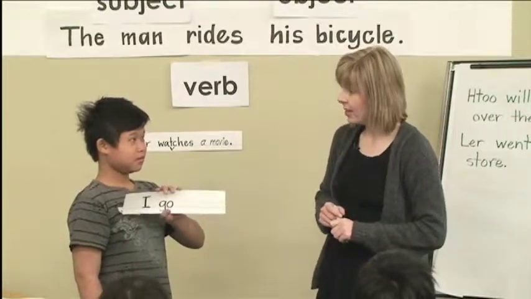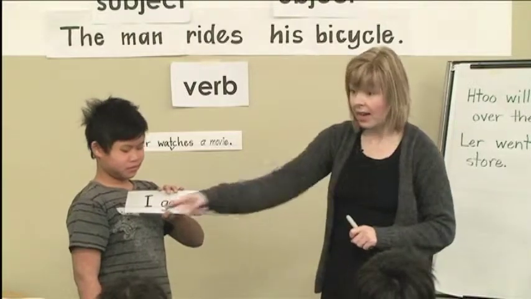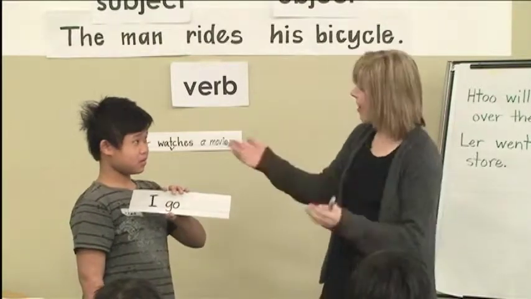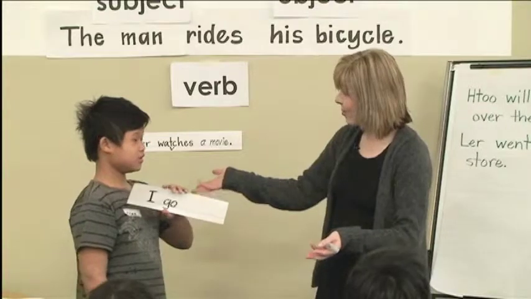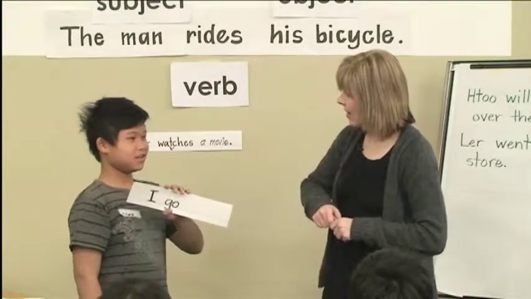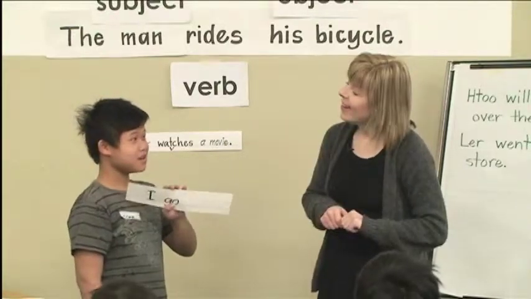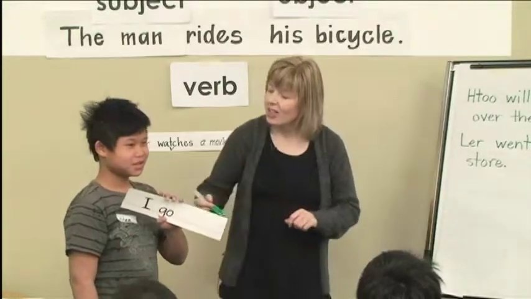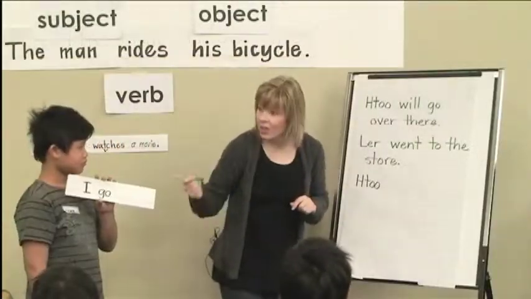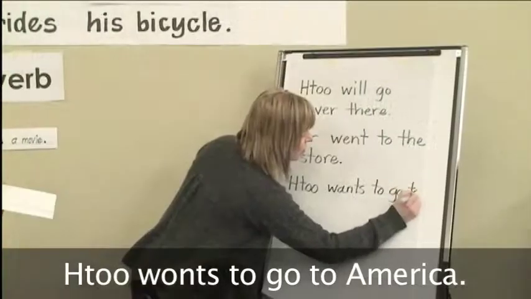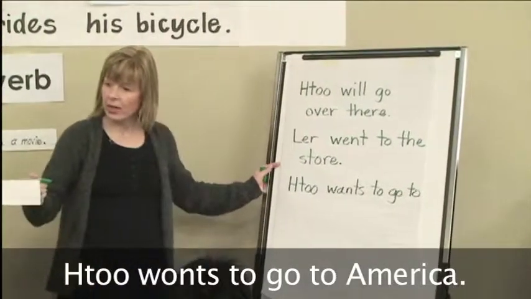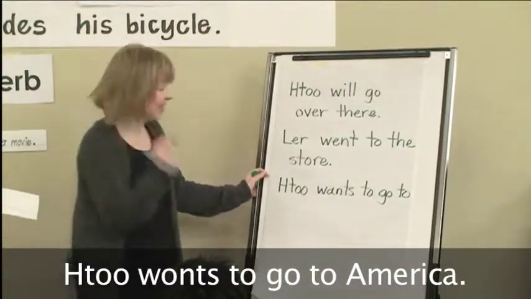We have a subject, I. Right? I go somewhere. Where would you like to go? Sure, you pick a place. America. Okay. To wants to go. Wants to go where? He wants to go where? To America.